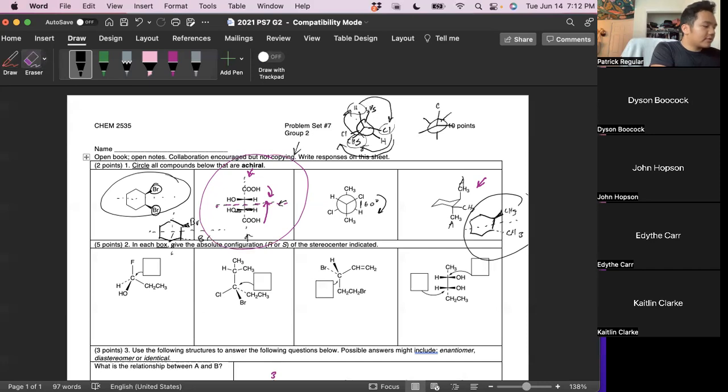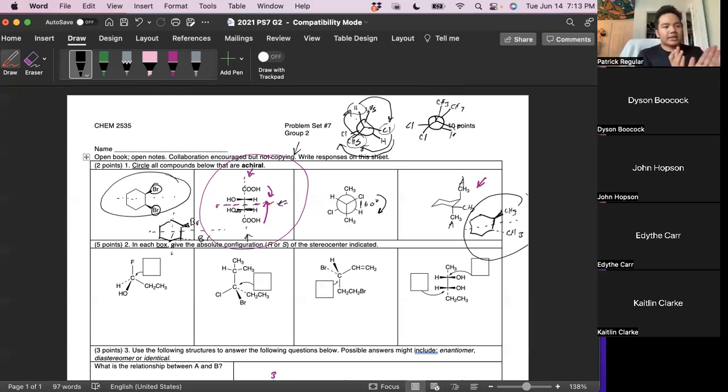I keep drawing the staggered formation. CH3, CH3, H, H, Cl, Cl.